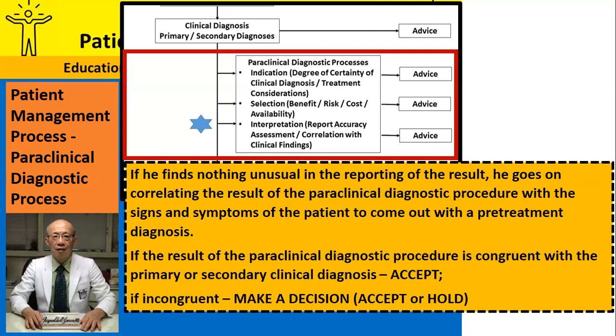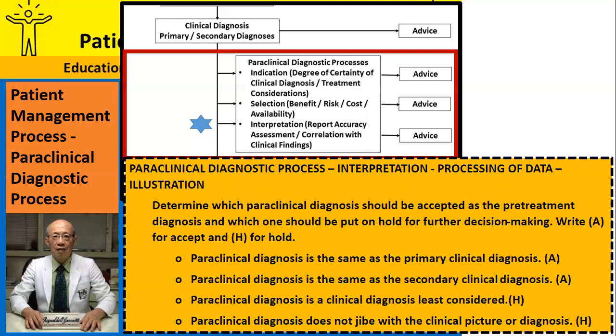If the result is congruent with the primary or secondary diagnosis, the decision should be to accept. If incongruent, he makes another decision, hold or accept despite the incongruency.